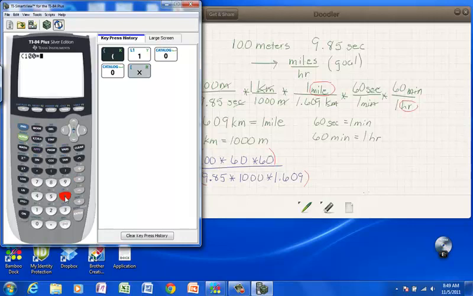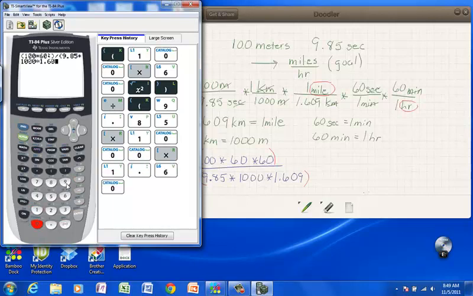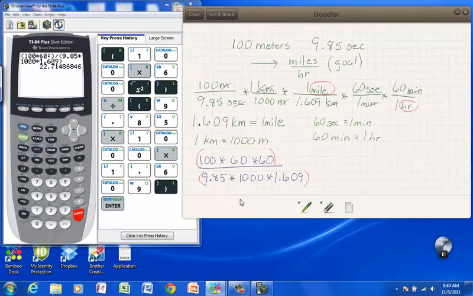Now I can write times 60 times 60, or I can write times 60 squared. So there's our answer. Now let's figure out how many significant digits we're going to actually need.